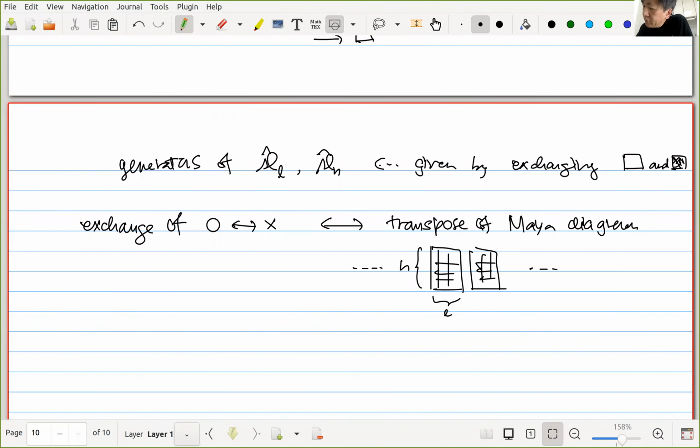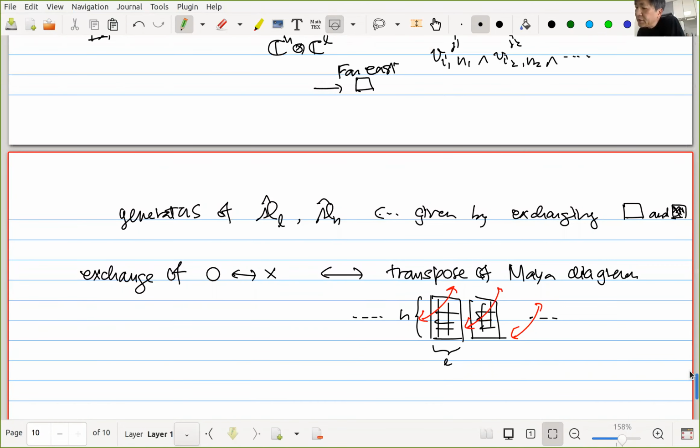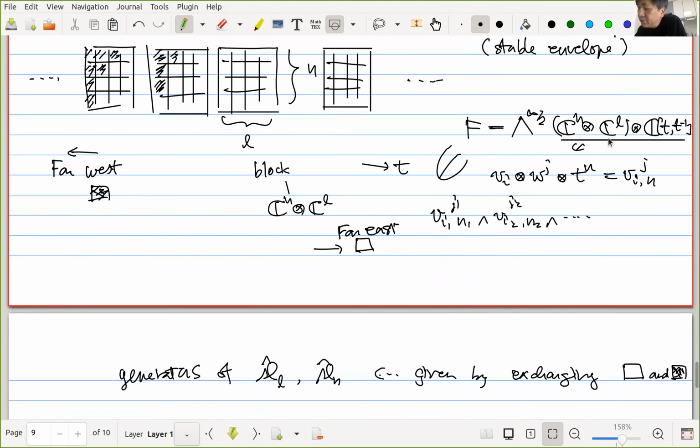Then I take the transpose for each block. So this is basically just given by exchanging C^n and C^l. So that corresponds to the transpose for each box.